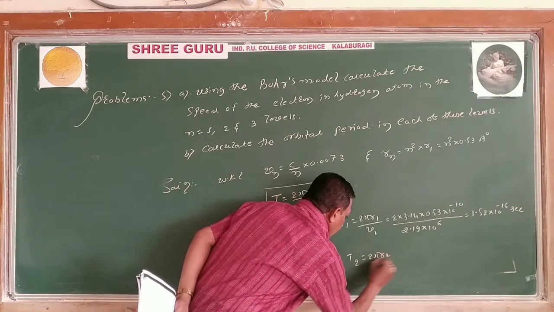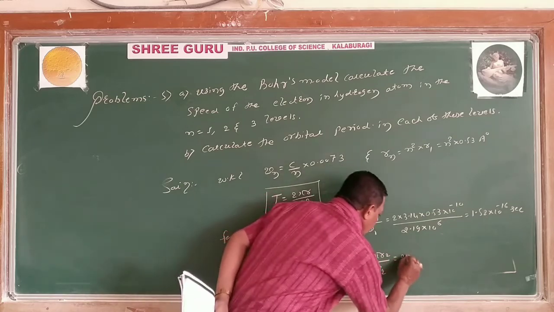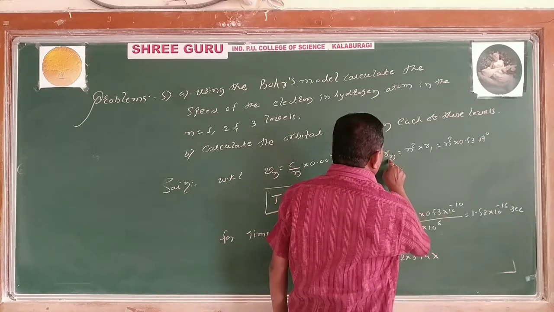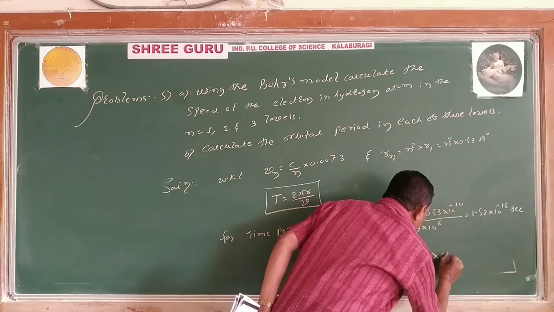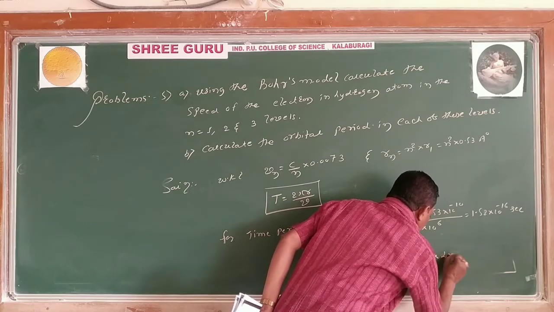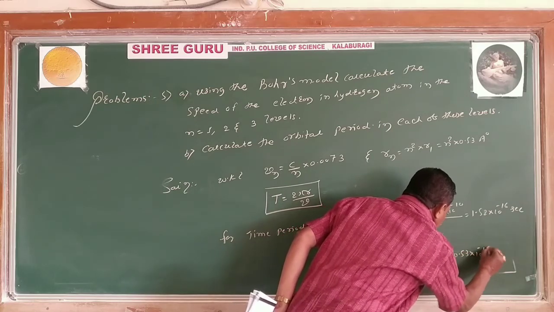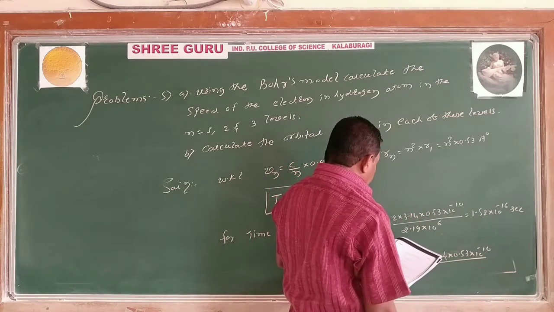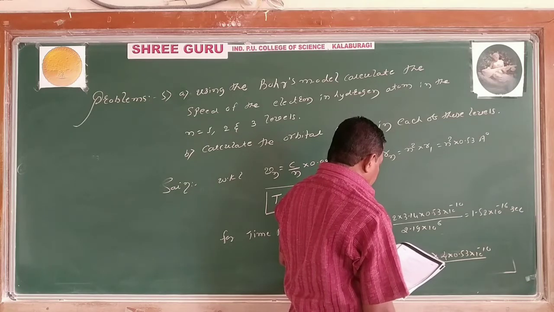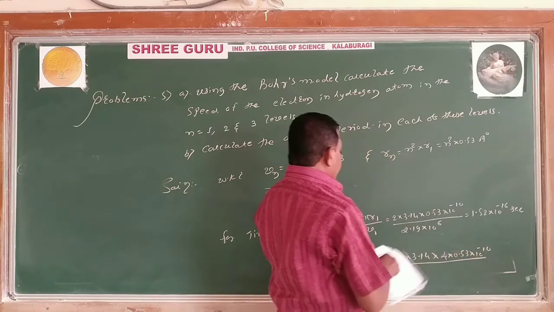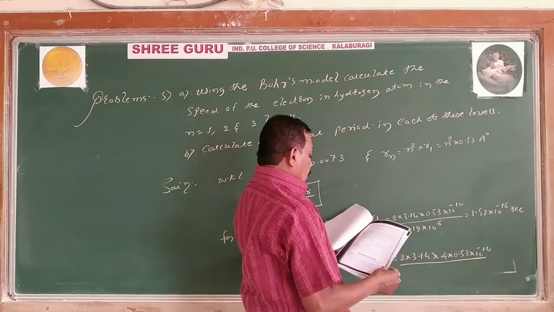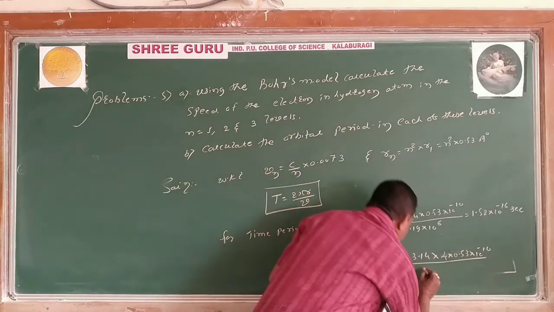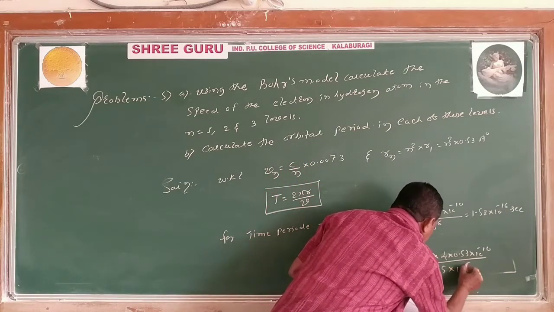Then T2 equals to 2 pi R2 divided by V2, 2 into 3.14. So what is R2? R2 equals to 2 square, 4, 4 into 0.53 into 10 to the power of minus 10 divided by V2. You already know V2, we calculated it just now: 1.095 into 10 to the power of 6.